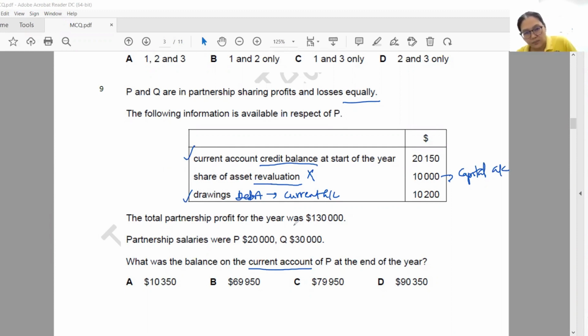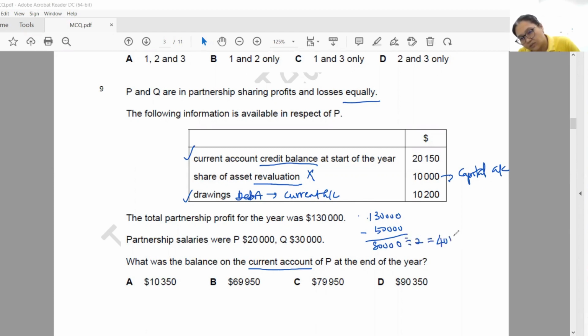Come to the profit. The partnership profit for the year is 130,000. So how much is to be shared? We have to take 130,000 minus 50,000, because this is the salary for both. So we get 80,000. This 80,000 is shared equally, so you have to divide by 2.